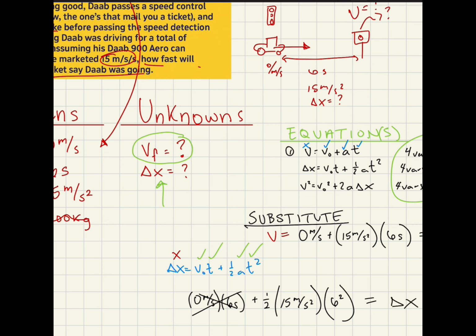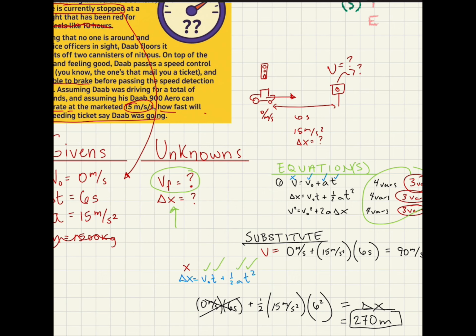If we plug this into a calculator, what's that? 36 times 15. We're not back in school yet, so my brain's still a little slow. 540 divided by 2, 270. Sorry if this is wrong, I'm doing this in my head, but I'm going to say it is equal to 270 meters.